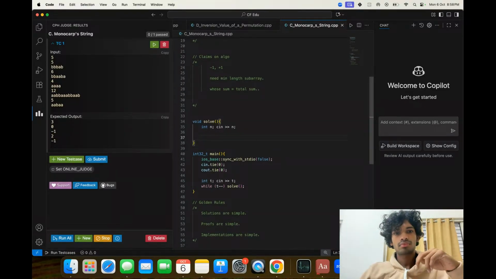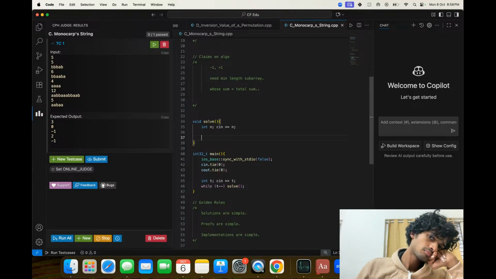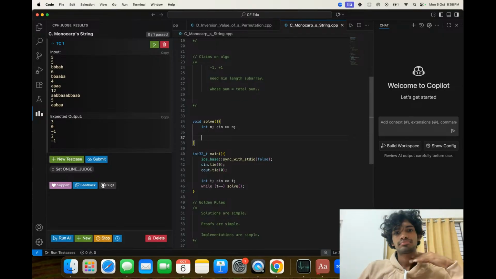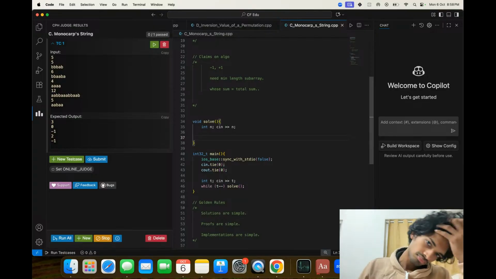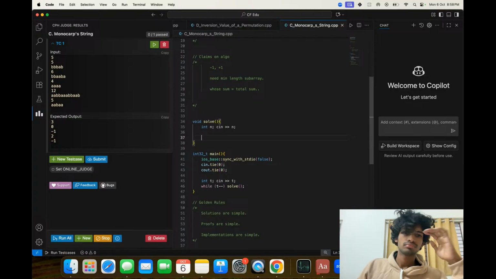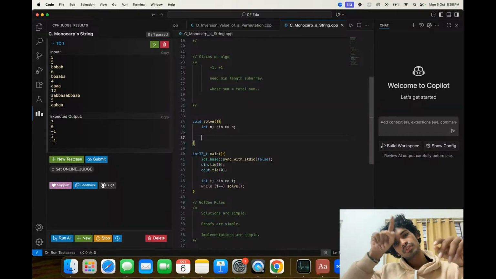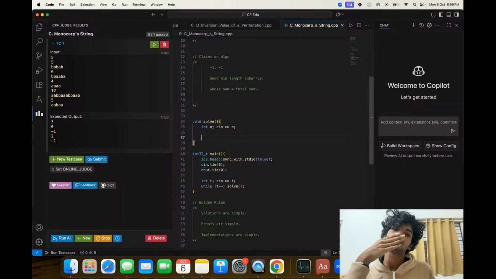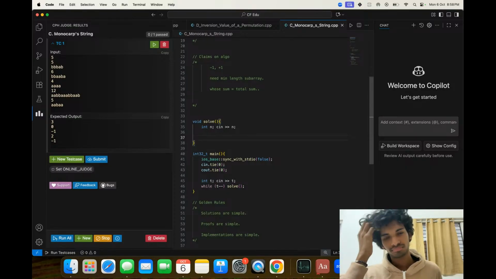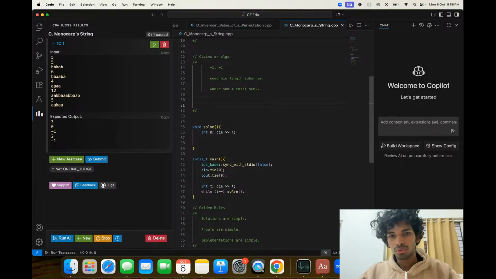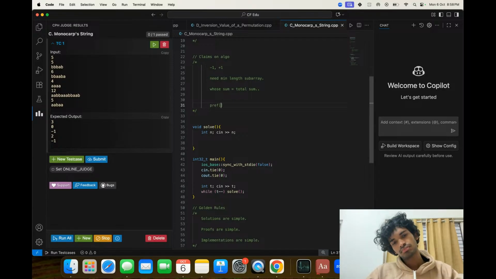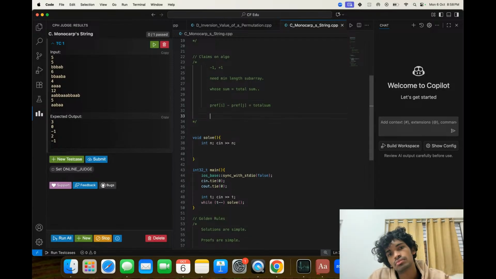Okay. So you want pref of I minus pref of j equals total sum.